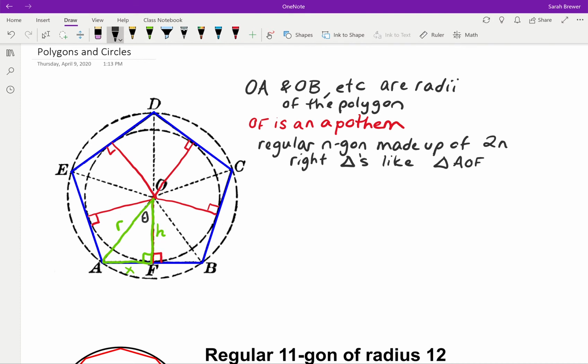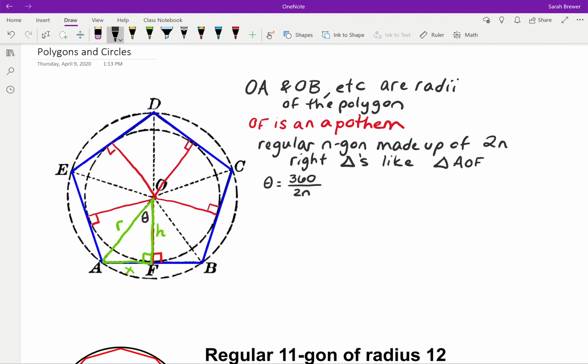Okay, so if I have 2n of these little right triangles, and I know that there are 360 degrees around a circle, then the measure of this angle theta is going to be 360 divided by 2n, right?